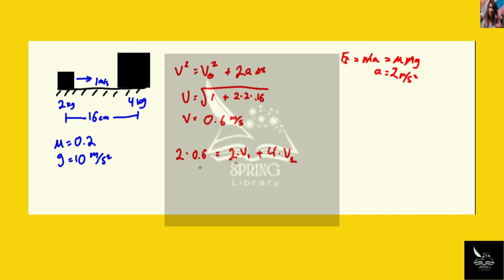So this will be a 1.2 on this side, in kilogram meters per second. Actually, before we do that, let's divide both sides by 2, and we'll end up with 0.6 is equal to v1 plus 2v2.